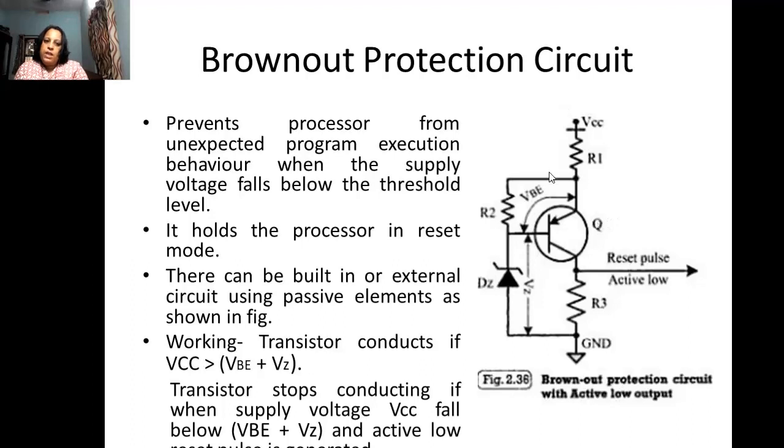But if VCC falls below the sum of VBE and VZ, then the transistor stops conducting and the reset pulse is given to the processor. So the processor goes into reset mode. This circuit is built for active low reset pulse generation. The brownout protection circuit also can be a built-in element in a processor, or it can be externally built in.